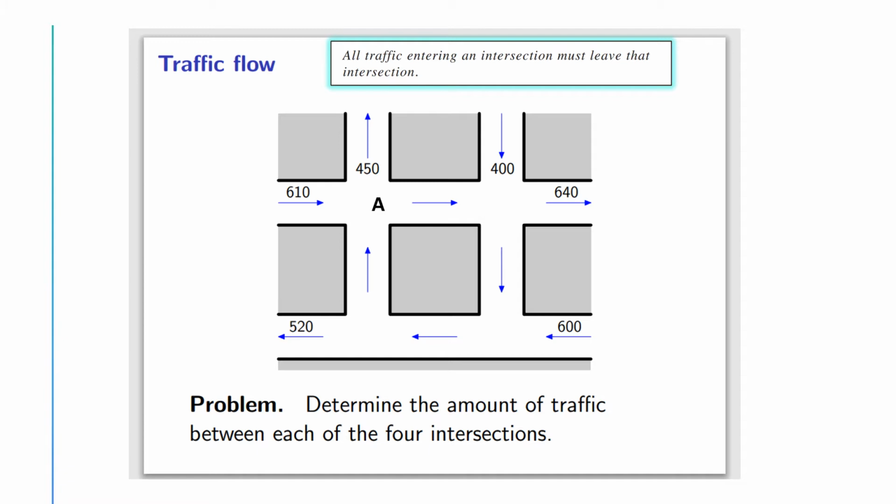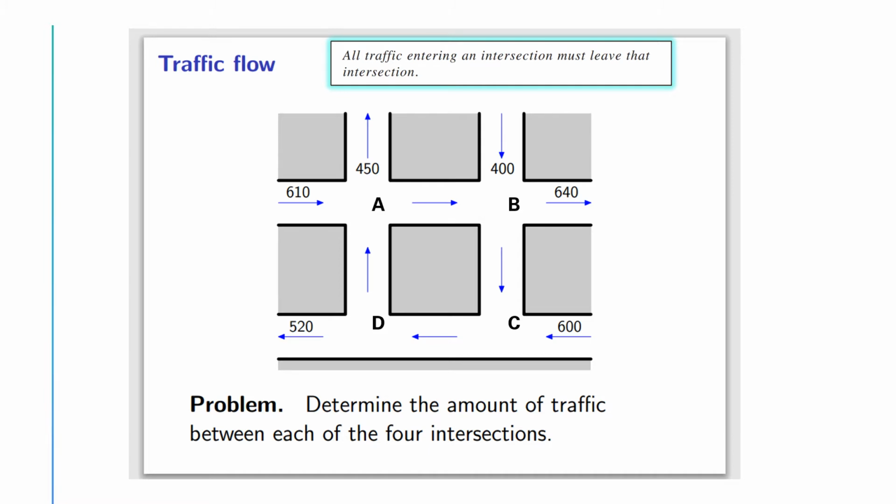That must be equal to the traffic out, which is 450 plus another unknown, say x2. In the same way, for intersection B, there are two inputs, 400 and an unknown, and two outputs, 640 and an unknown. The same applies to the other two intersections, C and D.